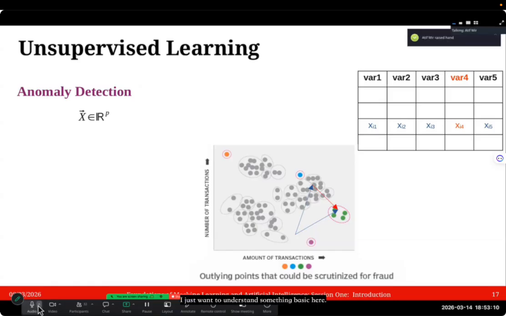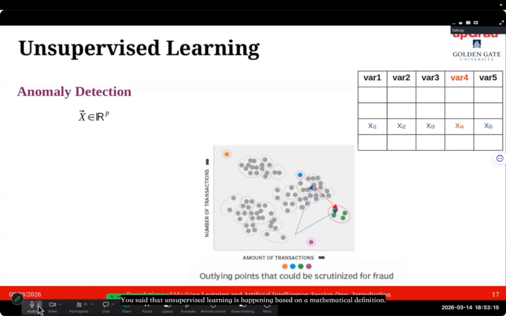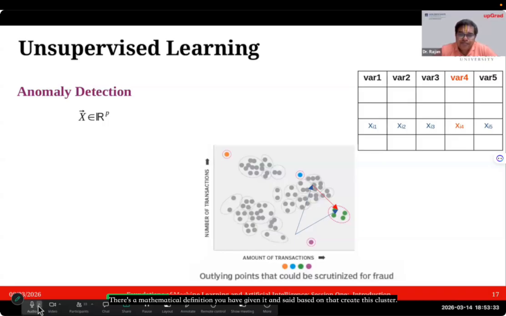Thank you. I just want to understand something basic here. You said that unsupervised learning is happening based on a mathematical definition. So am I getting confused, or is unsupervised not the right word, because there is some sort of learning going on? There's a mathematical definition you've given and said, based on that, create this cluster.